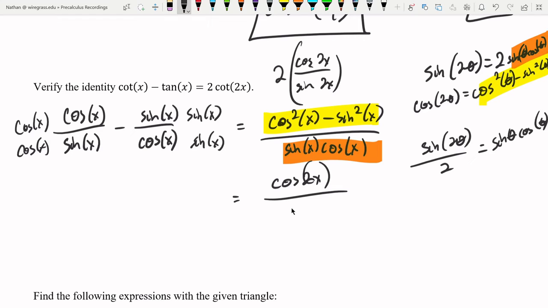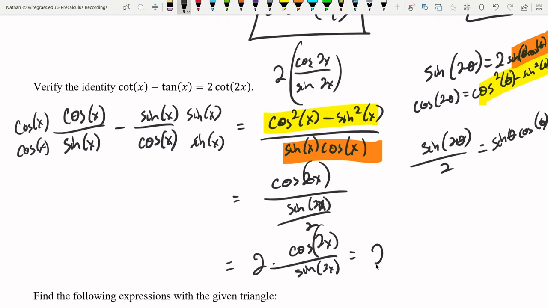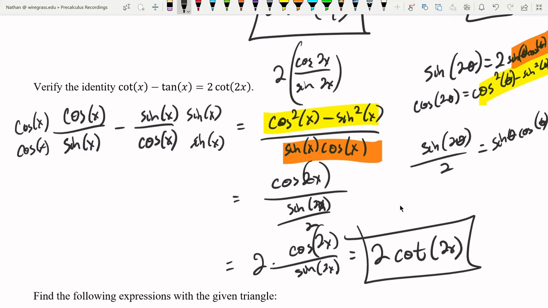So this is going to be sine 2x over 2. Division by a fraction is multiplication by the reciprocal. We're going to get 2 times cosine 2x over sine 2x, which is the same thing as 2 times cotangent 2x. And that's exactly what we wanted.